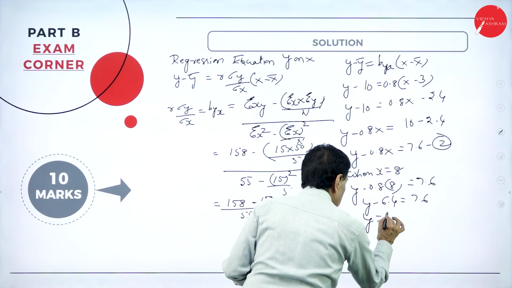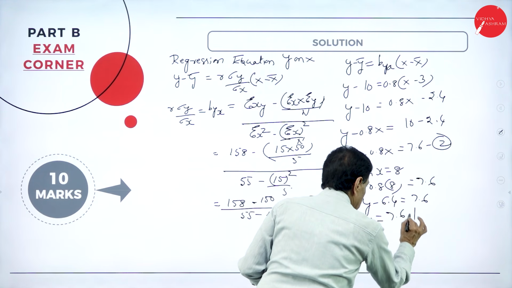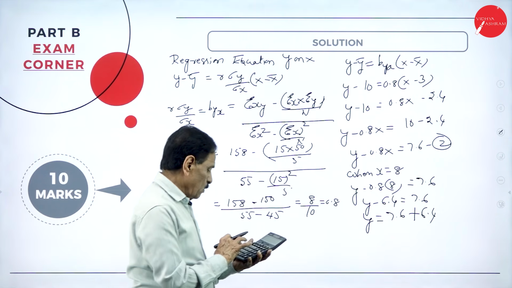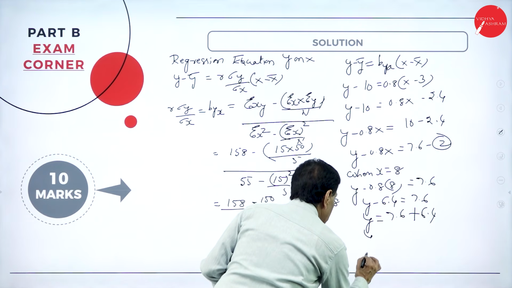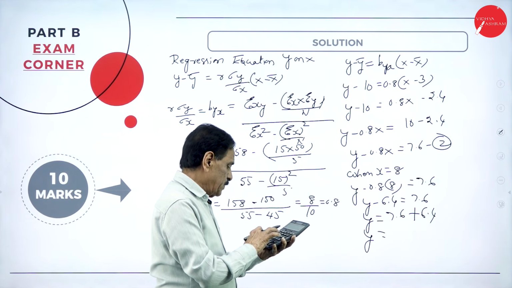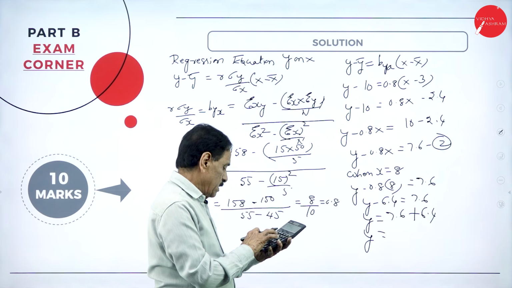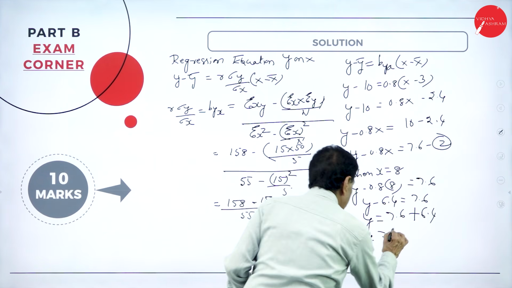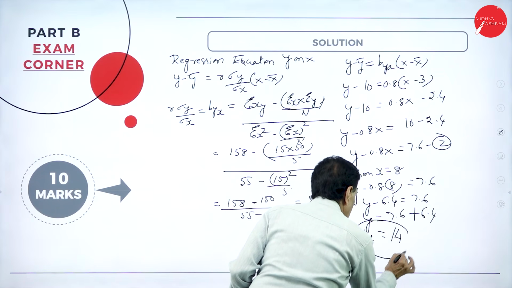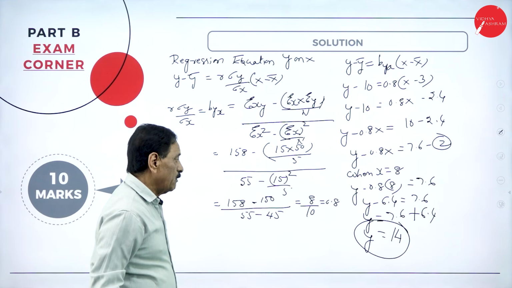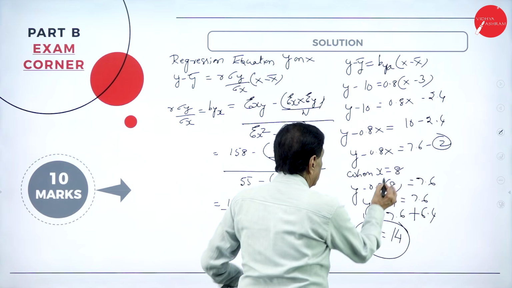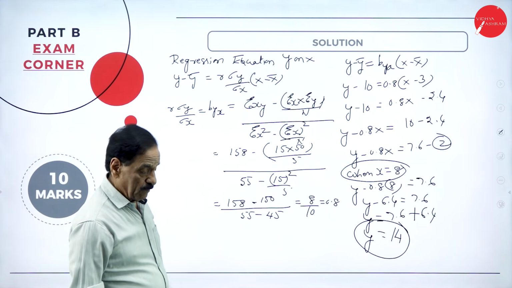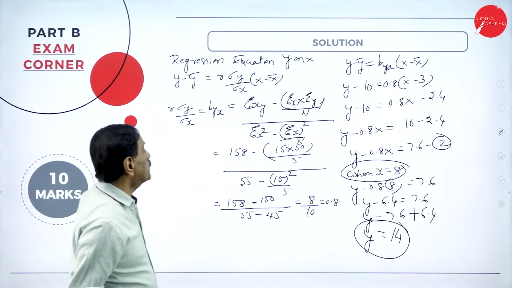So y is equal to 7.6 plus 6.4, taking the number to that side, which is 14. That is your answer, because we know the value of x and substitute it. When x is 8, y is equal to 14. Hope you understand this.